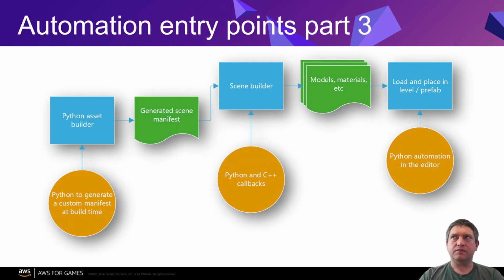The procedural prefabs are generated at this step if you need an example to look at. Finally, the editor itself has support for automation, especially with Python. This is a good place to automate any final steps, putting that content together, gathering the pieces, and placing them into a scene in the way that makes sense for how that content was built.